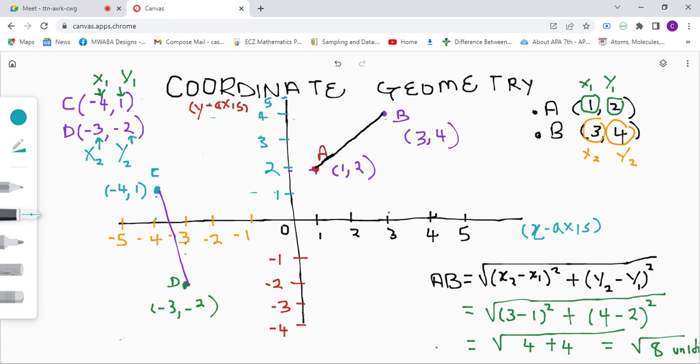So now let's find the length of line CD. Let me just make some space here.